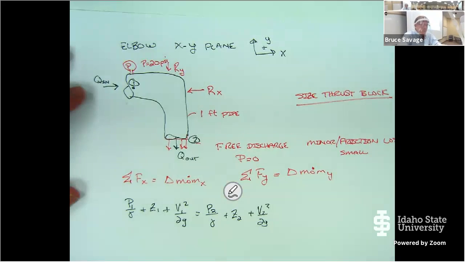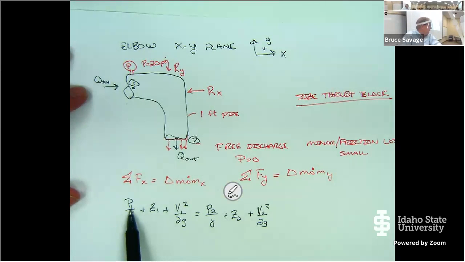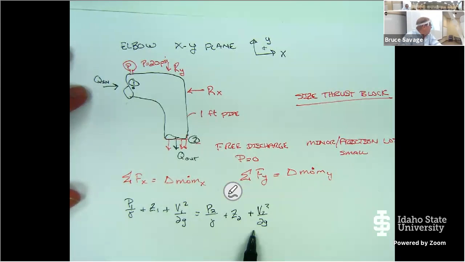You guys see the dilemma? The pressure here has value, the Z's cancel out, the velocities cancel each other out. It's because I've assumed that there's no head loss. And so I end up with a pressure equal to 0, and that's not true, right?